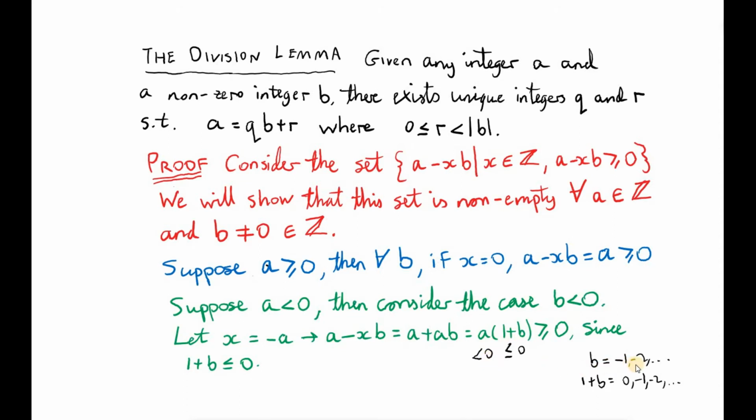Now since b is negative, it's a negative integer, minus 1, minus 2 or minus 3, etc. If we add 1 onto it, we get 0 or minus 1 or minus 2, etc. So when you multiply these together, a by 1 plus b, we do indeed get something that's non-negative. So when a is negative and b is negative, we do find elements in this set.